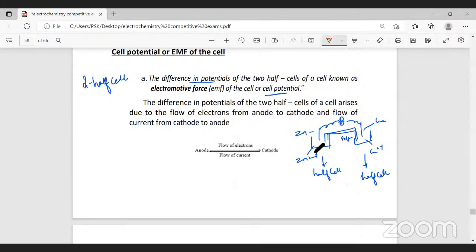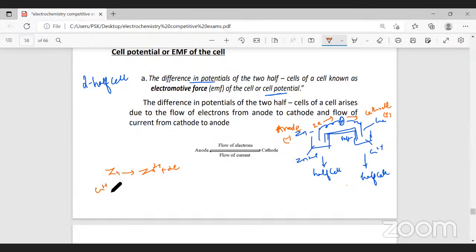Now, in the case of this Daniel's cell, the zinc electrode is an anode. Anode is represented by a negative sign. The copper electrode is the cathode, represented by a positive sign. You know the sign convention. Now, at the anode, oxidation takes place. Zinc loses 2 electrons to form Zn2+. These electrons will move towards copper through the external circuit.